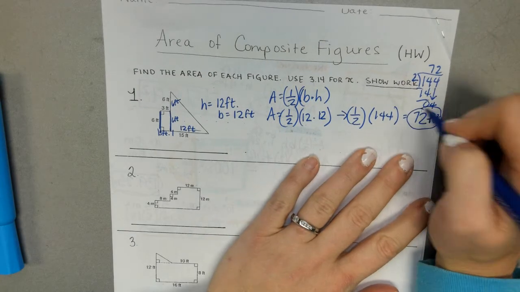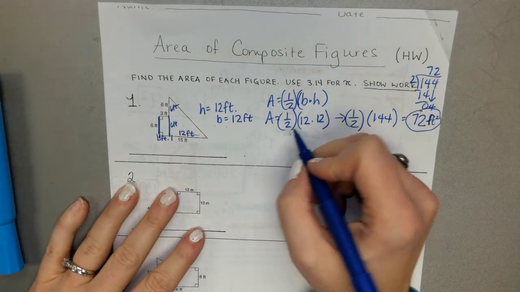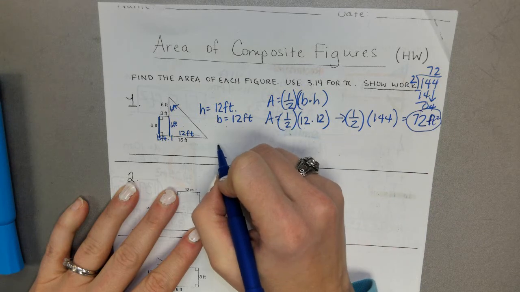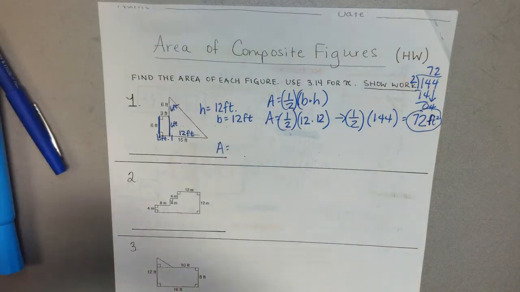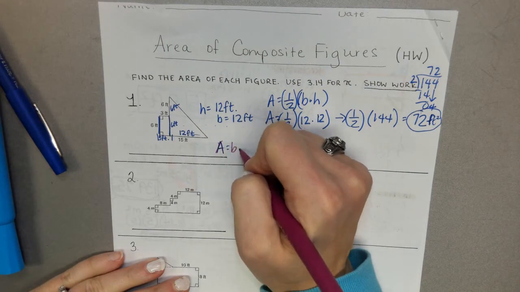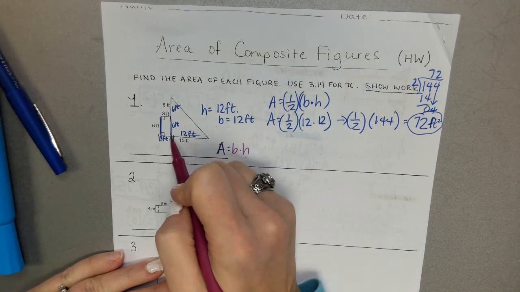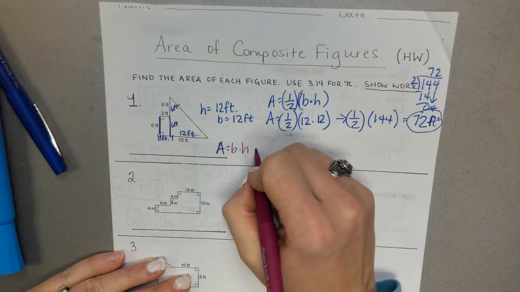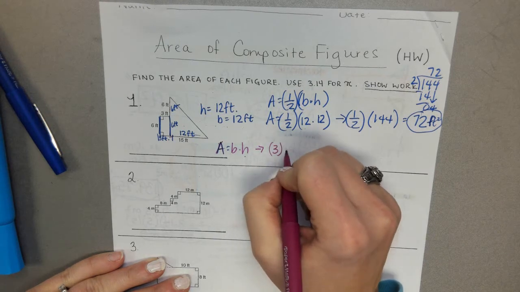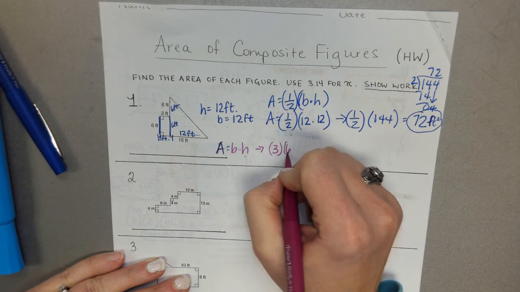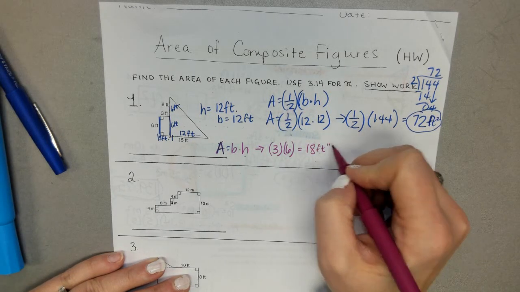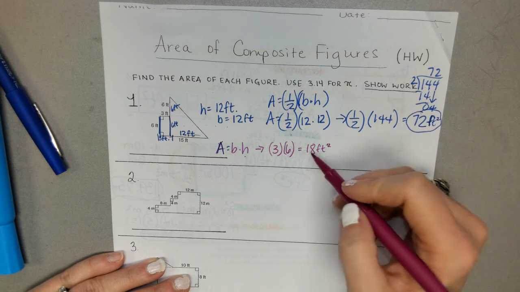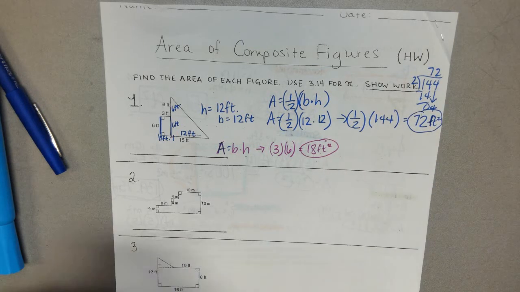I'll circle that. And then you have this little rectangle. The area of a rectangle is, I'll do this in a different color for you, area equals base times height. The base of this rectangle is 3 times the height, which was 6. So that's just 18 square feet. And we're going to add 18 and 72 together.